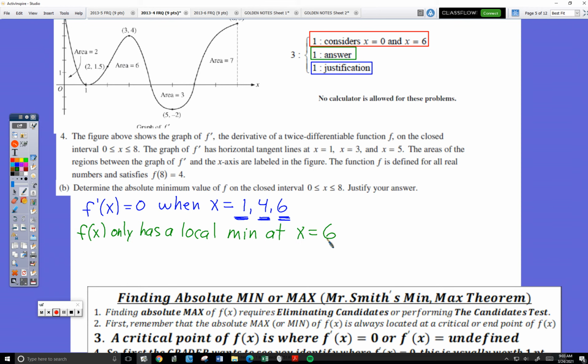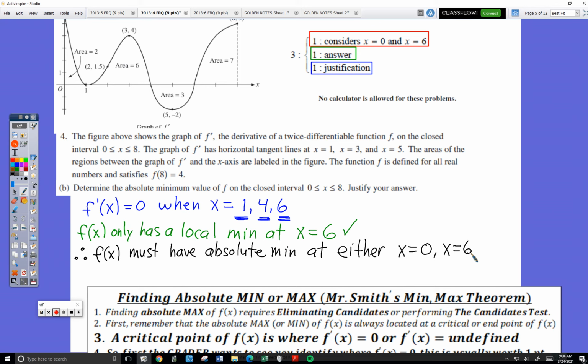So the green statement you have to write so the grader can see what you're thinking. F only has a local min at x equals 6. The next statement is more just for you to keep track of your thinking. You don't have to write it. Therefore, wouldn't hurt, f must have absolute min at either x equals 0, the first point, x equals 6, the last point, or x equals 8.